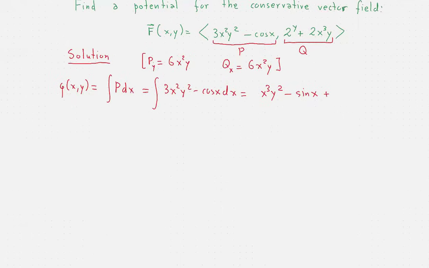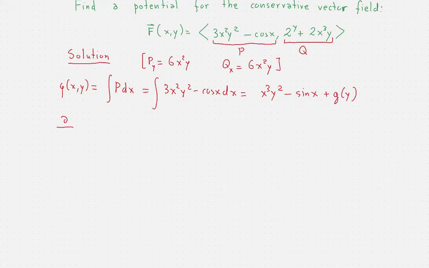And it's exactly this function of y that allows us the flexibility to make sure that the partial derivative of what we just found with respect to y is going to give us q, which is really the requirement. Because having integrated with respect to x, it's guaranteed that the partial derivative of this with respect to x is p. So that's perfectly fine.